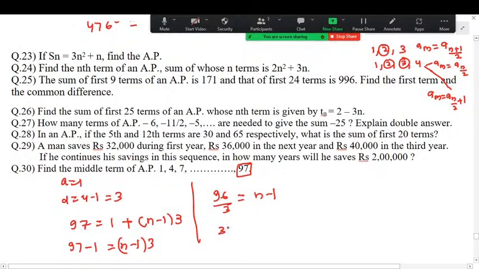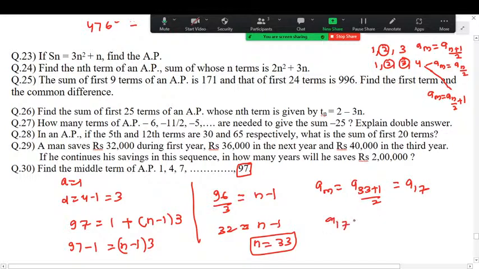You will get 32 here, and that is why n is coming out to be 33. If there are 33 terms, the middle term is going to be 33 plus 1 over 2, that is 34 over 2, that is the 17th term. And you can figure out the 17th term by using the formula a plus 16d, that is 1 plus 16 times 3, that is 1 plus 48, that is 49 is your middle term, which is the 17th term.